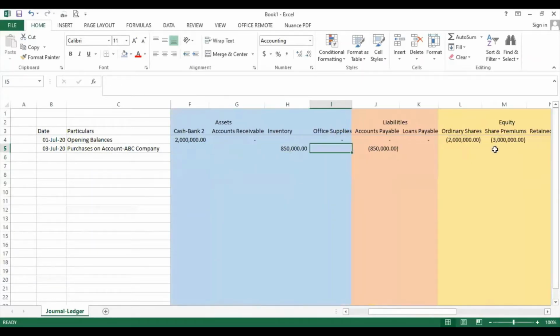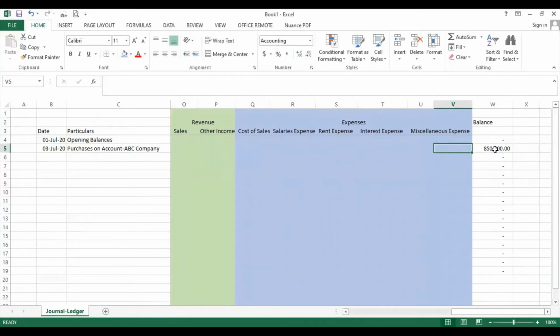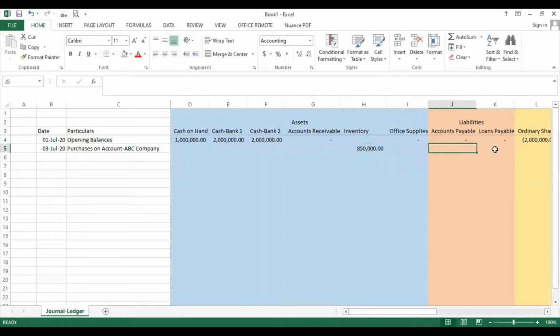Let's test. For example, if we forget to link our inventory with our accounts payable, so let's delete this. We will see that our balance is over by 850,000. So the rules of debits and credits and the double entry accounting system apply here.